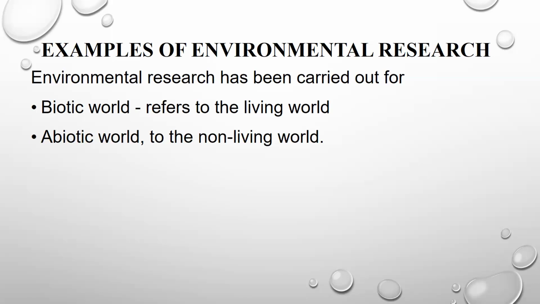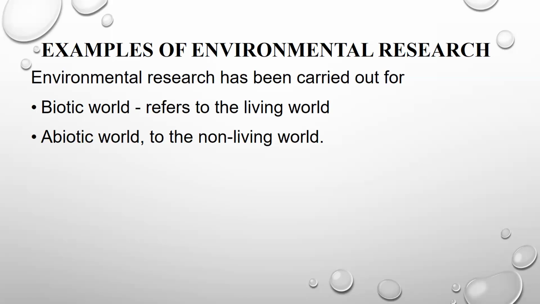So let's look at some examples of environmental research. Environmental research has been carried out on the biotic world, that is, on living things, or the abiotic world, on non-living things. Biotic world, living things, it could be human beings, it could be the effect of anything, maybe carbon dioxide or methane, on human beings or on earthworms.